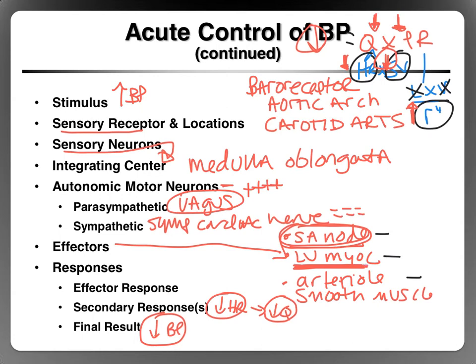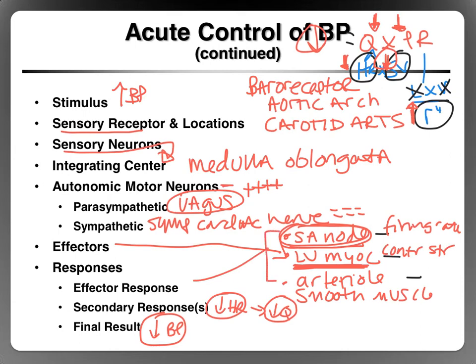The left ventricular myocardium is going to receive fewer sympathetic action potentials, and therefore it is going to reduce its contraction strength. So this is firing rate. This is contraction strength. These are the responses.